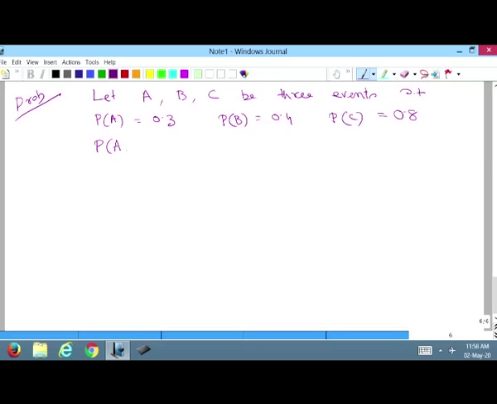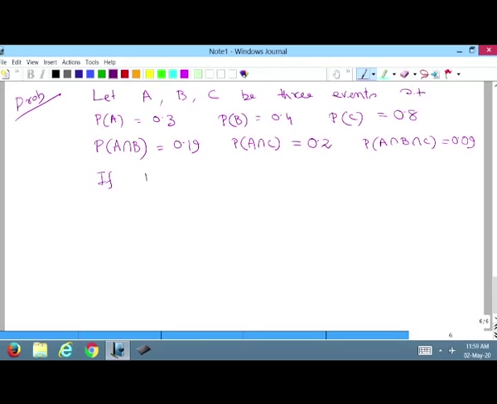Probability of A intersection B is equal to 0.19, probability of A intersection C is equal to 0.2, and probability of A intersection B intersection C is equal to 0.09.